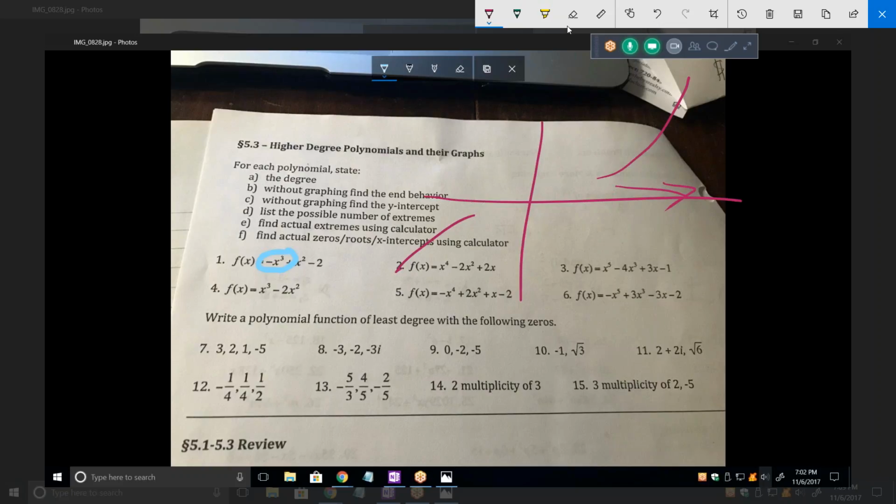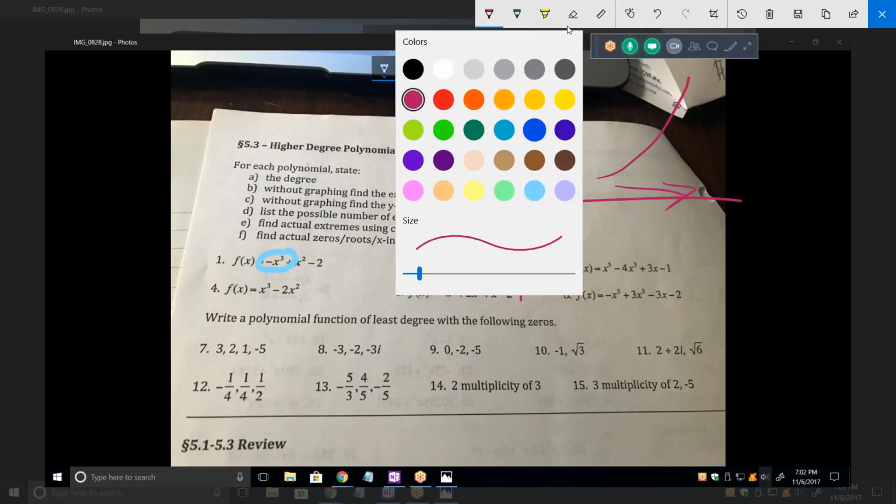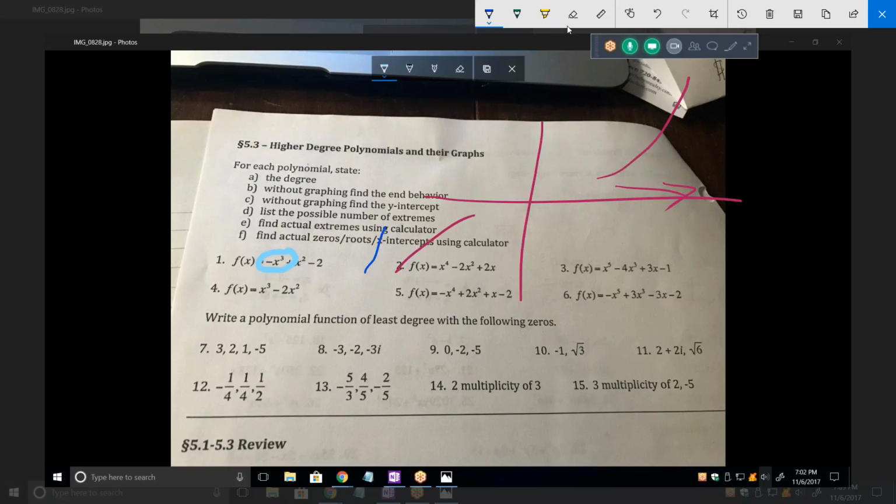Yeah. And this thing is a 5th degree, so it might actually look something like this. It could have 1, 2, 3, 4, it could potentially have 4 relative extrema.